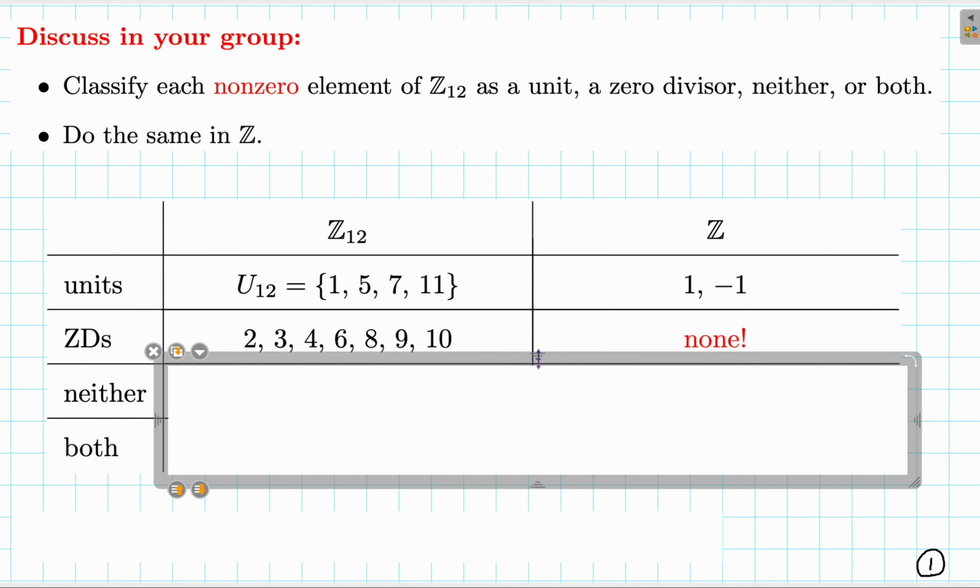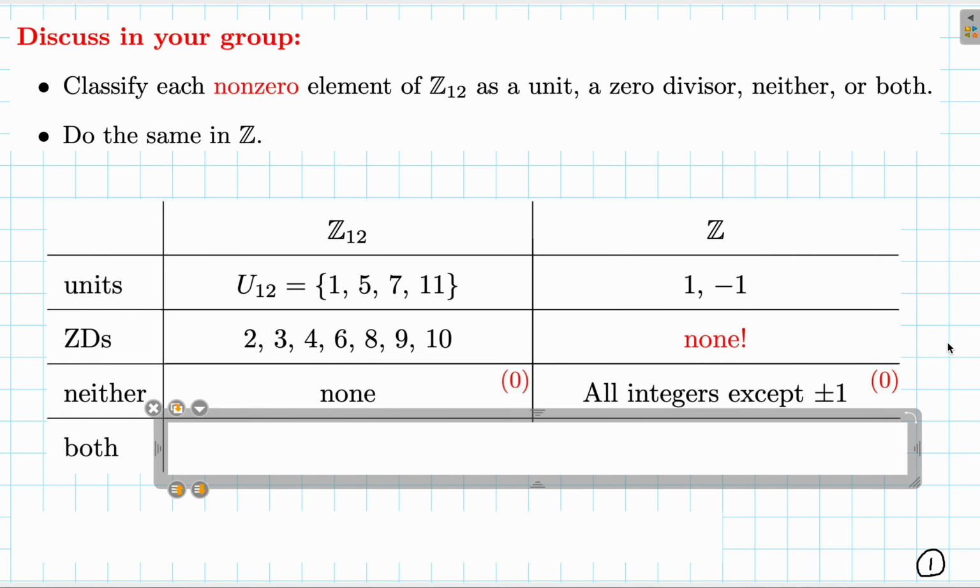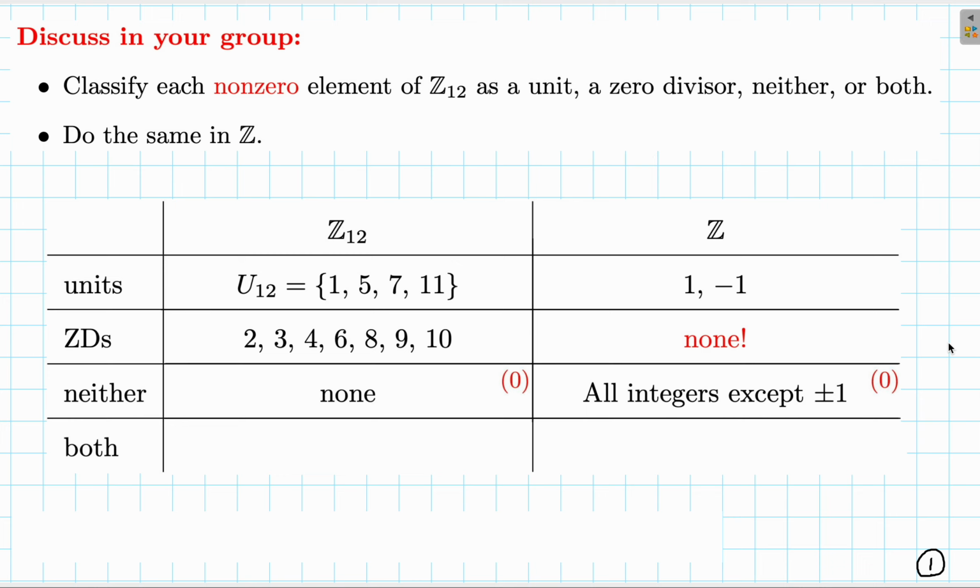Now, what about elements that are neither a unit nor a zero divisor? Other than 0, 0 happens to be neither a unit nor zero divisor, but in Z12, all of the non-zero elements, namely 1 through 11, are accounted for as either a unit or zero divisor, so there is no neither element in Z12 except for 0.